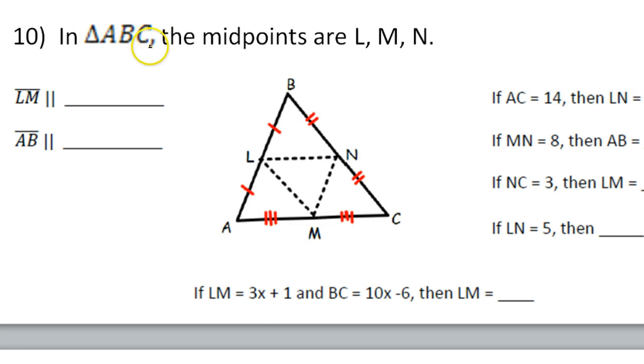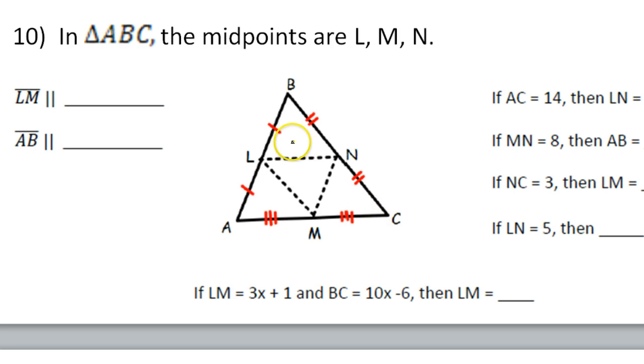Alright, in number 10, L, M, and N are all midpoints. And when you have midpoint connectors like these, one thing that you find is the midpoint connectors are each going to be parallel to a side of the triangle, and their length will be half of the length of the side to which they are parallel.